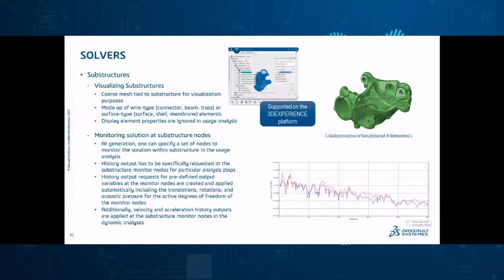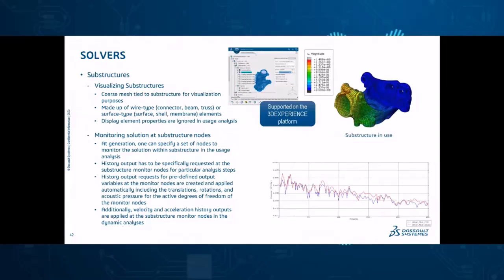You can request history output on those nodes, and there are some predefined options which are shown on the slide. And also you can see the graph of a comparison of two analyses, one showing a native FEM solution, and the other line showing a substructure usage solution.